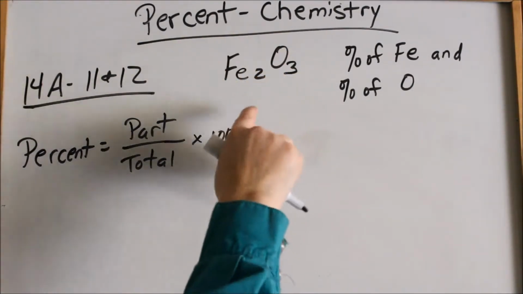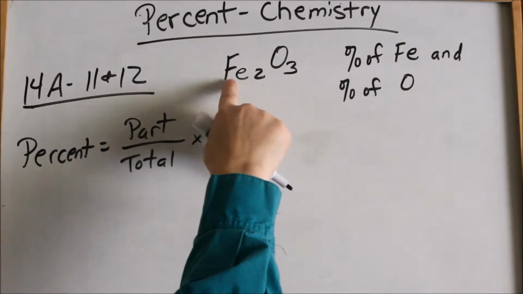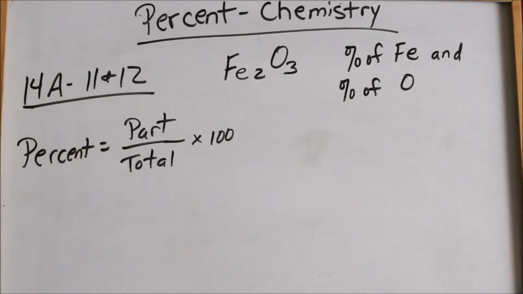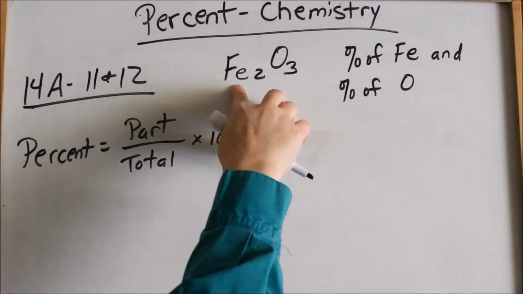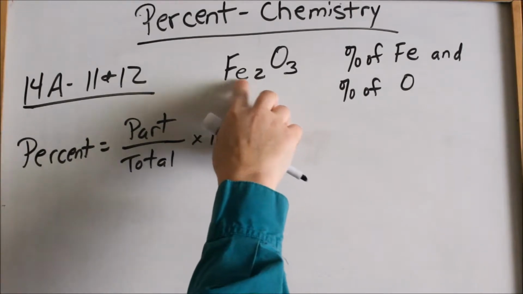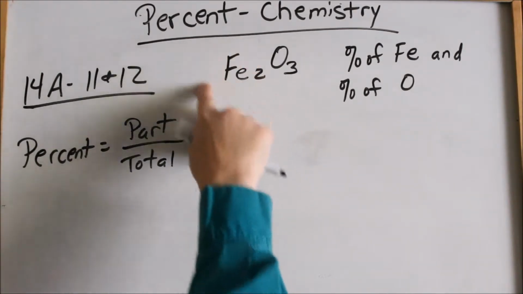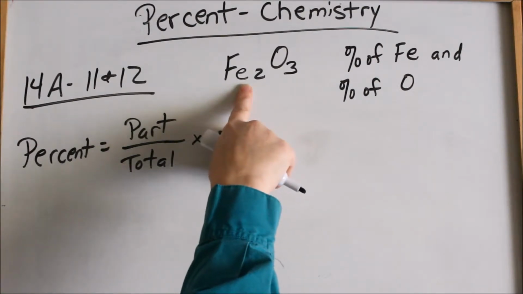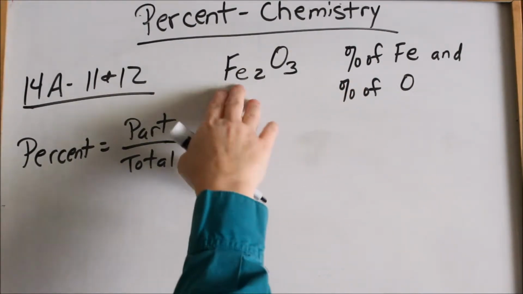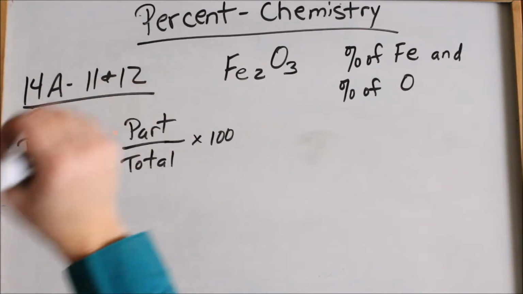What does capital F lowercase e stand for? Anytime you have a chemistry element with two letters, when the second letter is lowercase, that's all one element together. So Fe stands for iron. And you can go find all this information on your periodic table.